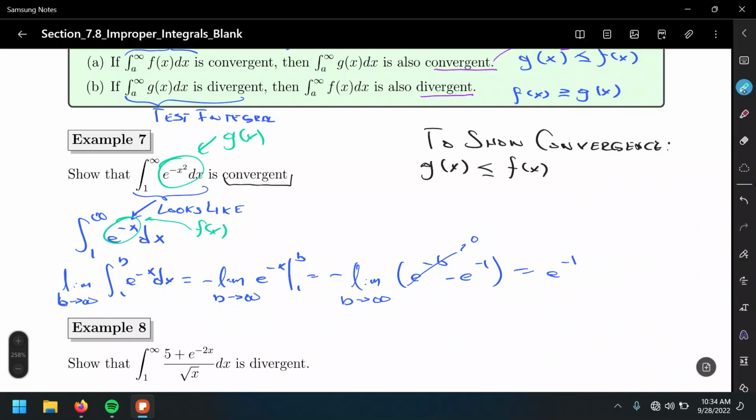Putting these two together, g of x, which is e to the negative x squared, is less than or equal to e to the negative x. Is this inequality true? At first glance it doesn't look like it is true, so change these to positive exponents.